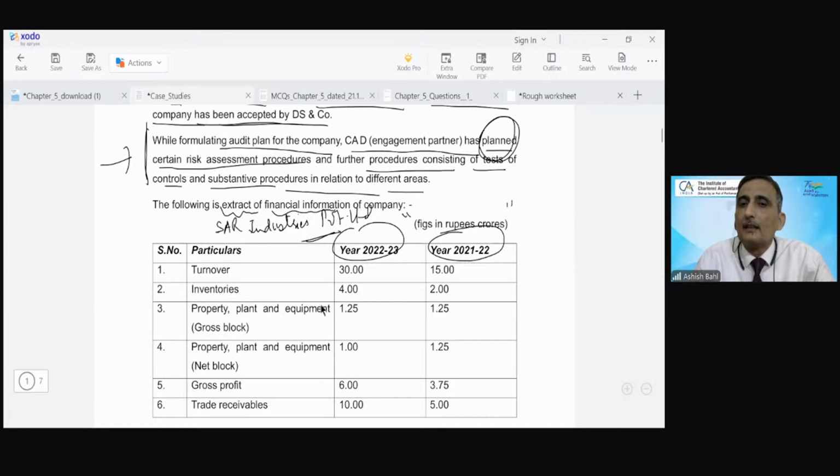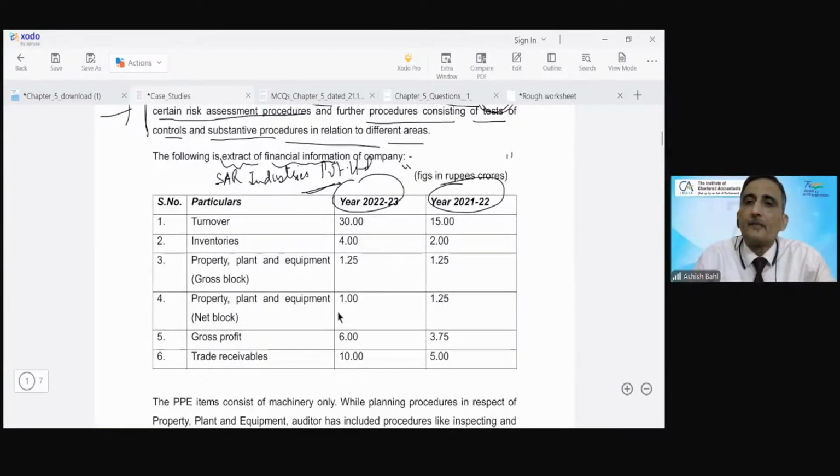So these figures are given. Year 21-22 turnover was 15 crore. Now it is 30 crores. So turnover has doubled. Inventories were 2 crores in 21-22. Now these are 4 crores in 22-23.